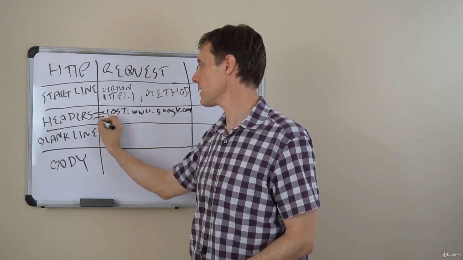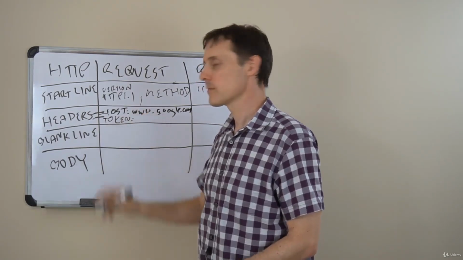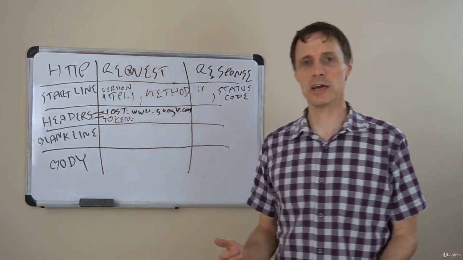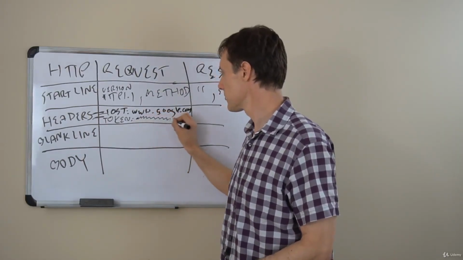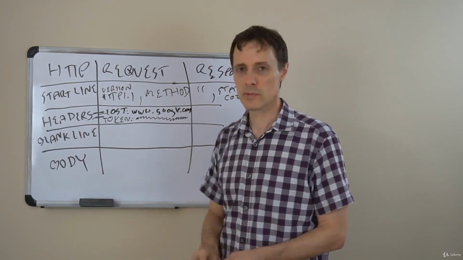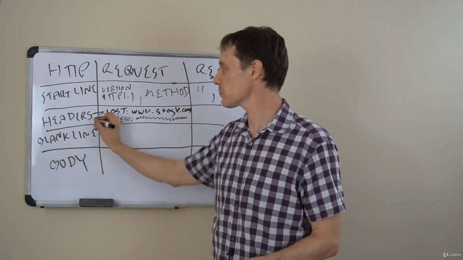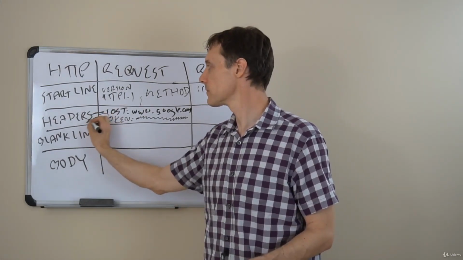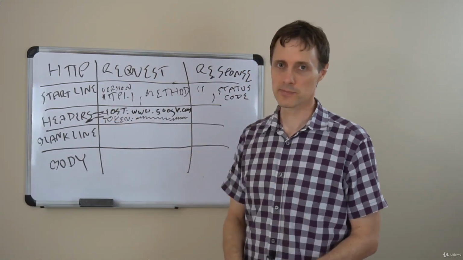Another example of a header is token. For example, if the API has security, then you can specify the token here. Or you can specify the username and password. Each line is a header. That's why it's called headers with an S, not header. You can specify a whole bunch of lines.